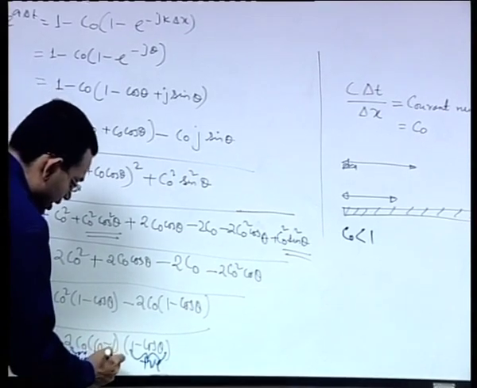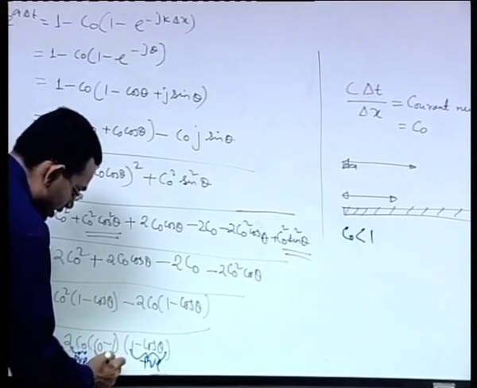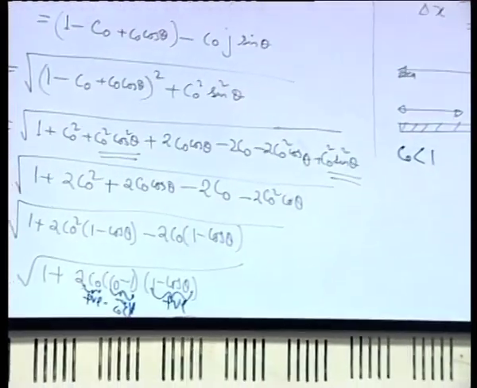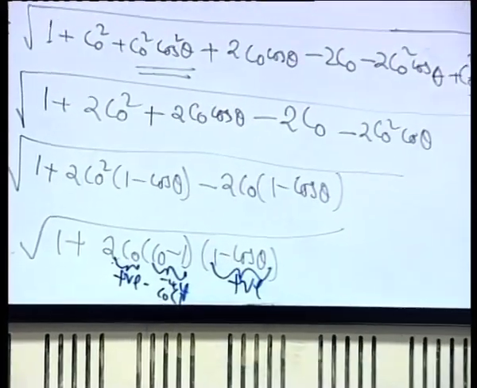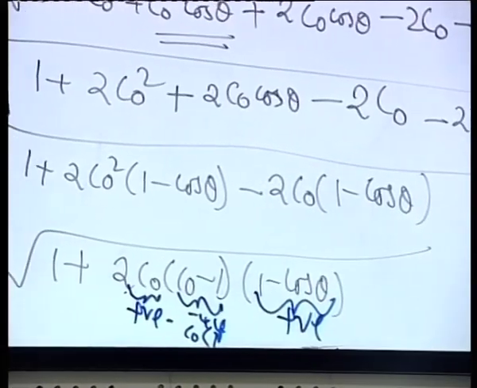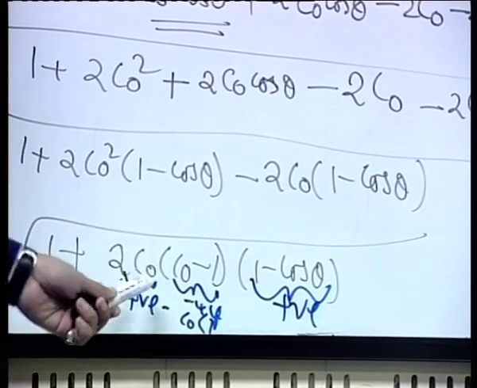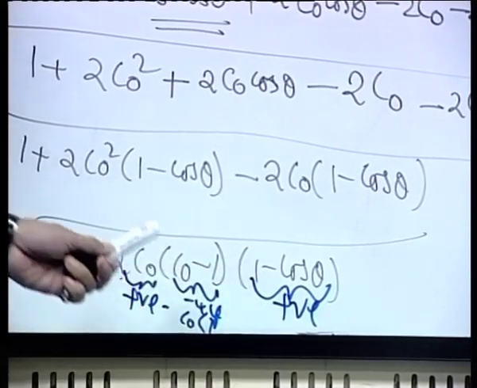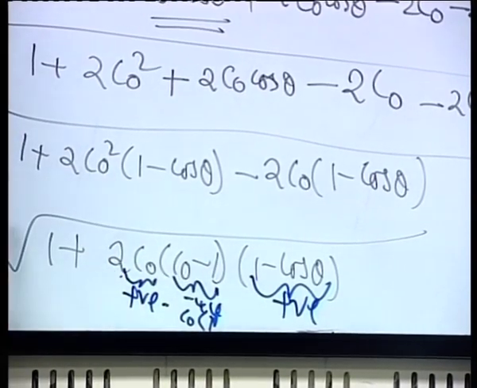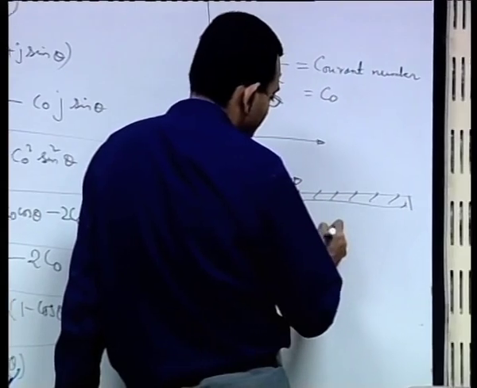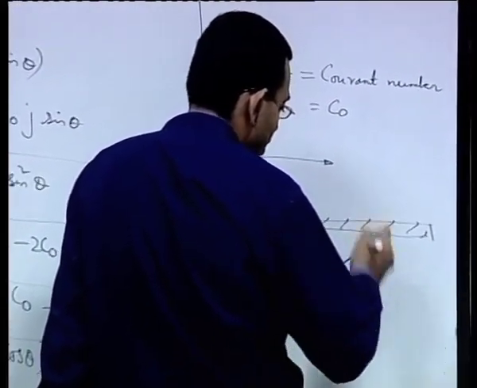so this is negative if C naught less than 1. So, if it is negative, then 1 minus a positive number will make the amplification factor less than 1. So, C naught less than 1 will imply that the amplification factor is less than 1.